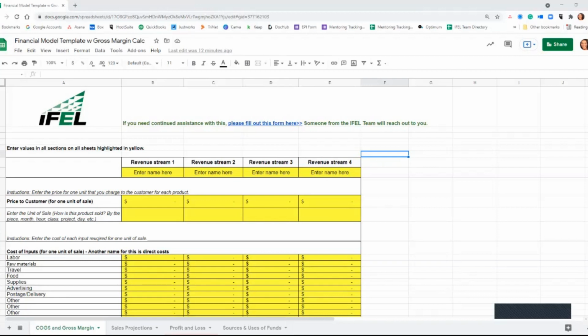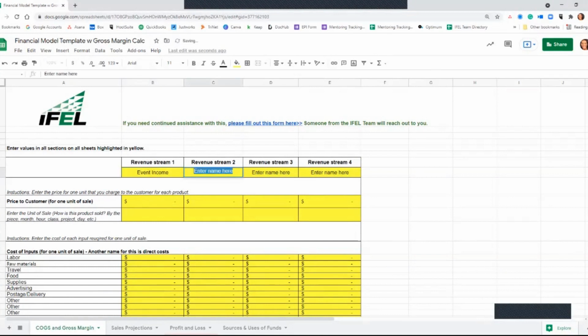So first thing is you're going to enter the different revenue streams here. So we might have, let's say, event income. We might have shirt sales, something like that.